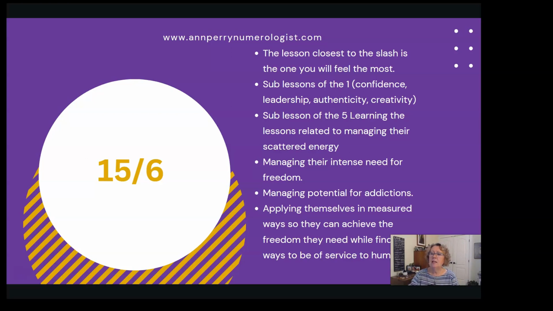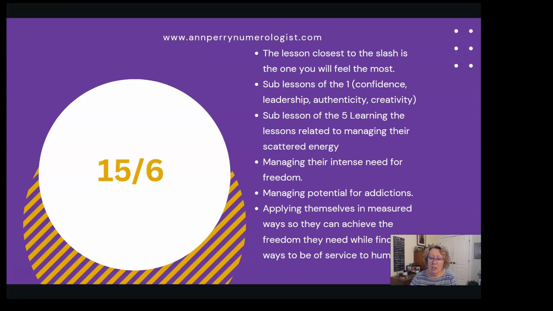So the sub-lessons here are the number 1, which relates to learning how to be a bit more confident, more of a leader, expressing yourself authentically and with an air of creativity. The other sub-lesson of the 5 is learning the lessons related to managing your scattered energy, because you're interested in everything, right? So you have a tendency to have a little bit of this and a little bit of that and scatter your energy all over the place.